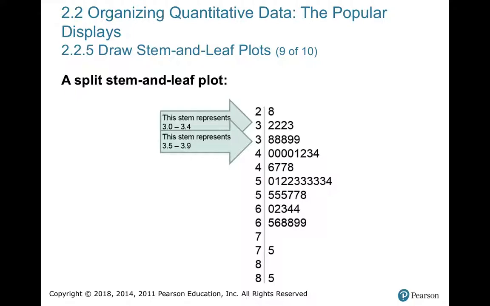So then every stem gets 2 rows instead of every stem only getting 1 row. This is, again, a preference thing, kind of like choosing your classes in a histogram. It creates more bars, and if you turn your head on the side, it looks like a histogram, so we can think of it that way. It's choosing to have more bars to show the distribution of the data, and it's really a preference.